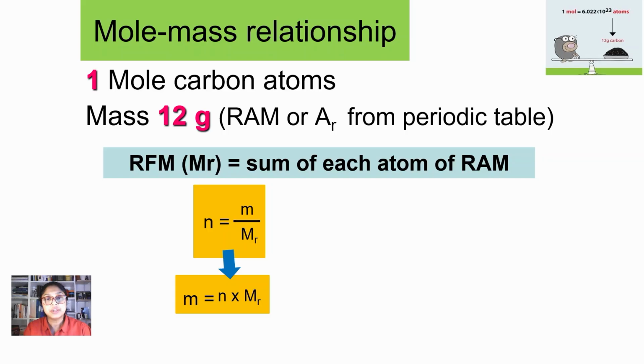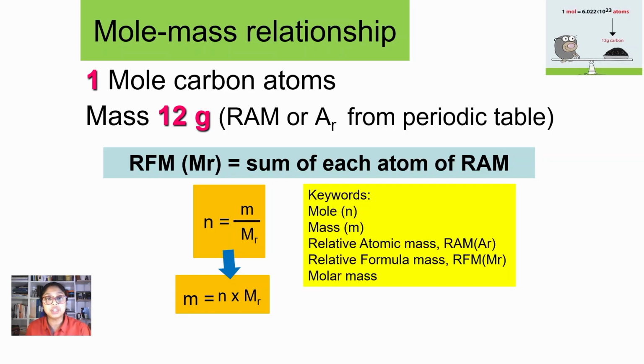Keywords we learned are listed here: mole, mass, relative atomic mass or RAM, relative formula mass or RFM, and molar mass. If you're not sure of these, please click on the previous videos in this playlist of moles calculation.